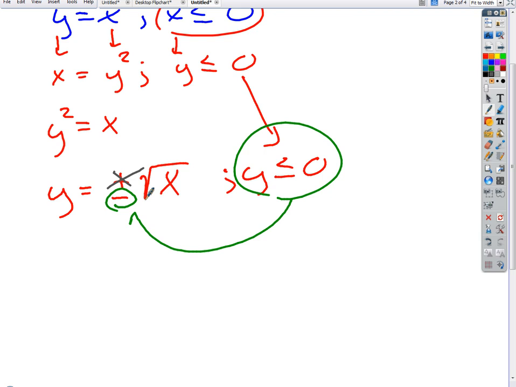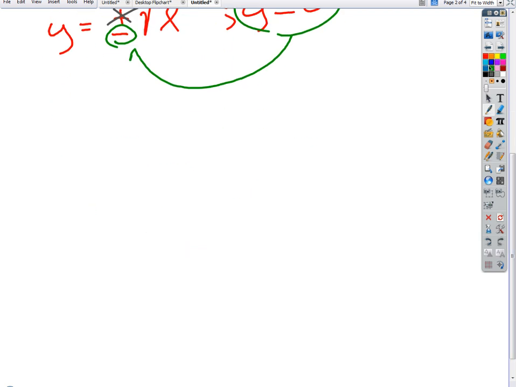Right? And so if we had a problem instead, if I had one like this, what if I started off with y equals 2x to the fourth, and we're only interested in values of x that are greater than or equal to 0.